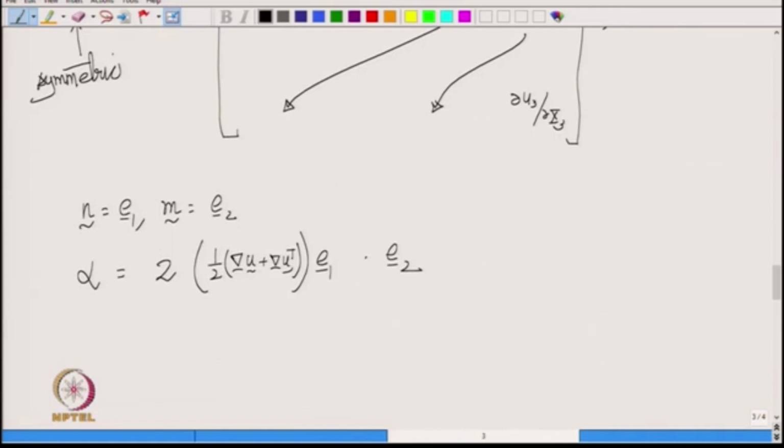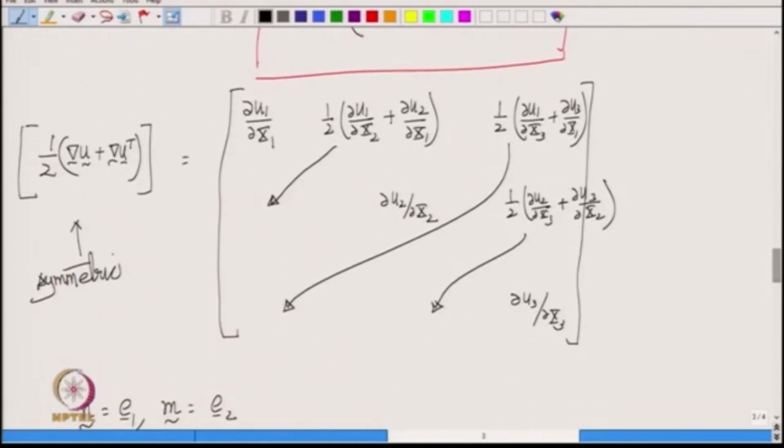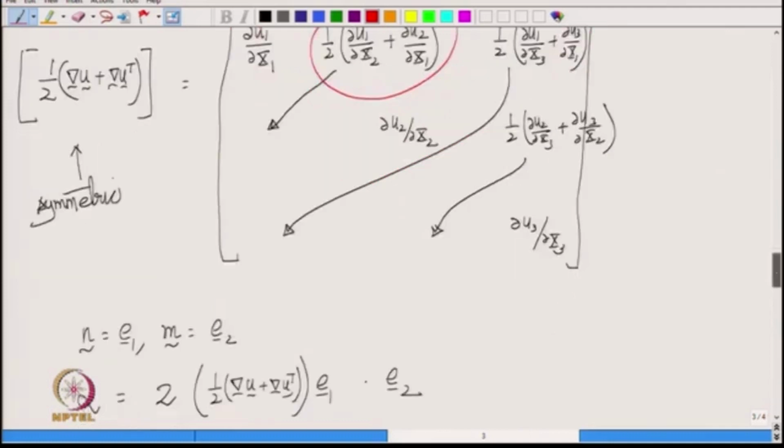So, can we see what we get? We come back to this matrix. If you multiply this with E1, you simply get the first column, and then you further multiply or dot with E2, you get the second component of the first column, and by symmetry that is this number.